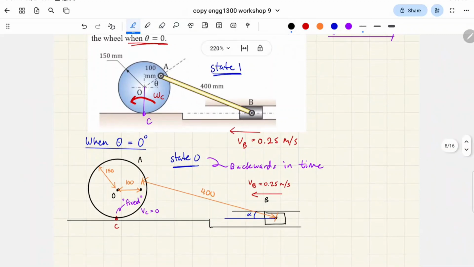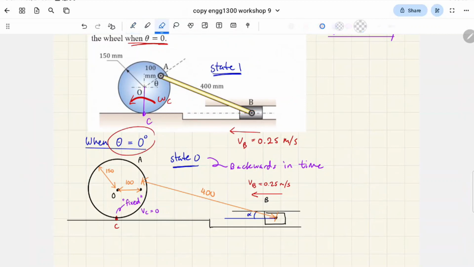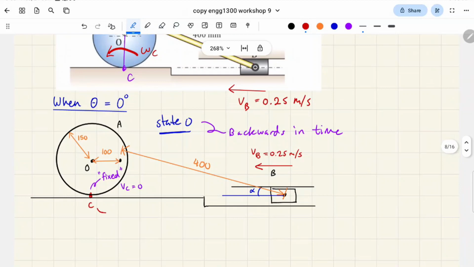So when I was trying to calculate it, I kept thinking that it spun this way, but it's the other way. It's doing this direction the whole time, but the diagram was just a bit misleading. So I just redrew it with theta equal to 0, and that's your IC there.